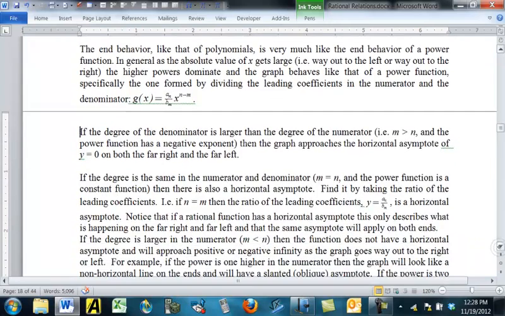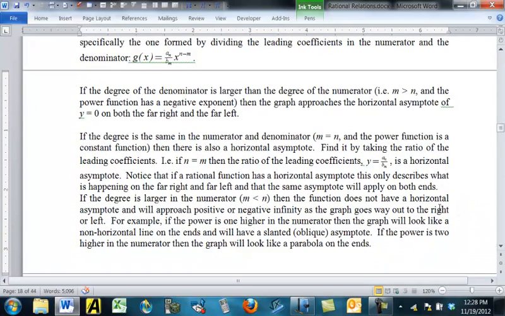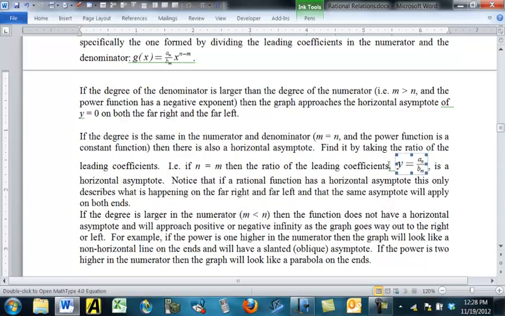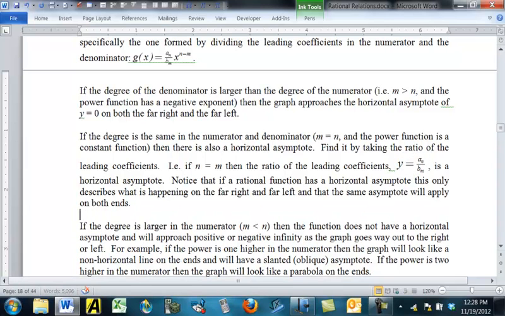If the power is the same on the top and bottom, then this turns out to be just x to the 0, which is 1, and a_n over b_m becomes your horizontal asymptote. If the powers are the same in the top and bottom, you take the ratio of those leading coefficients, and that will be the constant that you're approaching on both ends. So that will give you a horizontal asymptote.